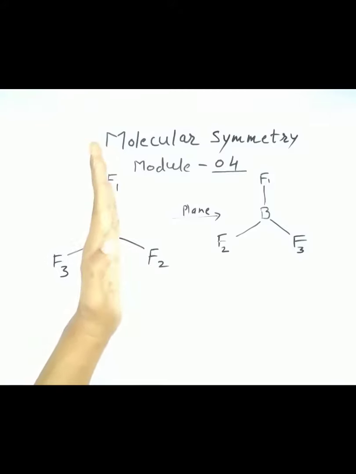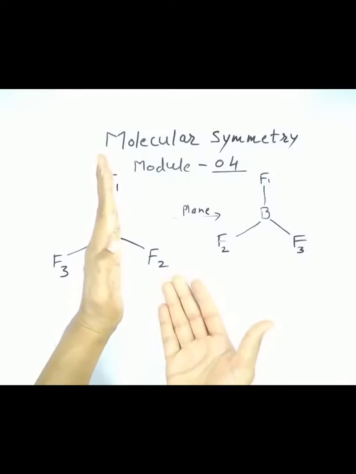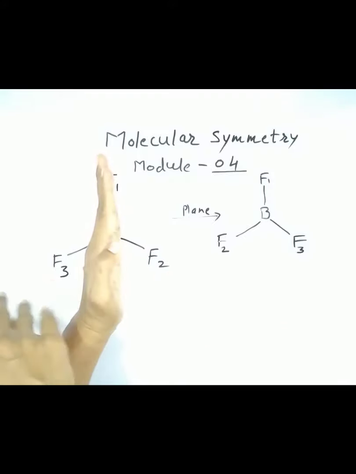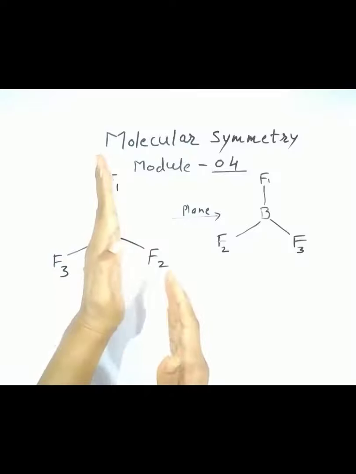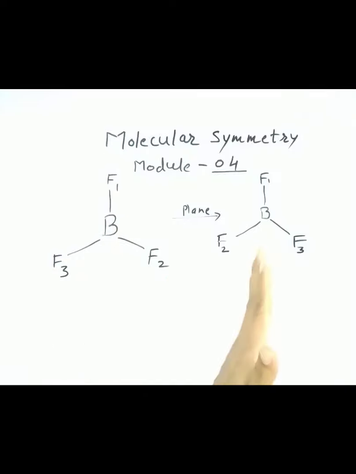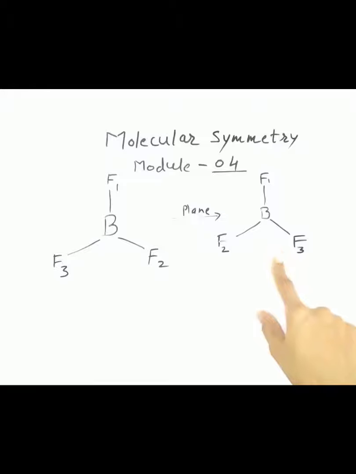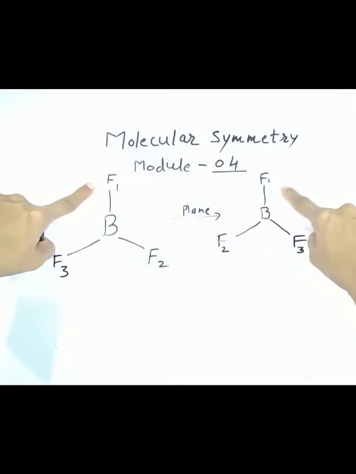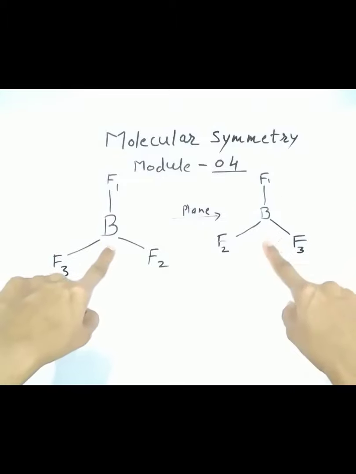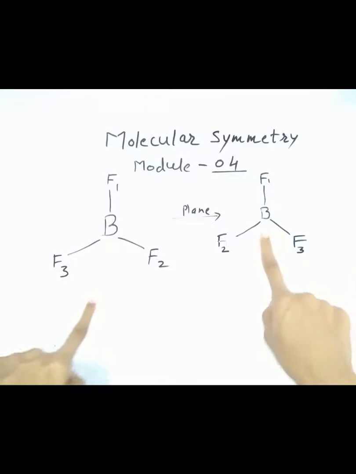So after passing the mirror here, this fluorine will show its image here and this F3 will show its image over here, and hence the mirror image that we get after passing the plane from here will be like this. See, F1 is at its own place, boron is at its place.